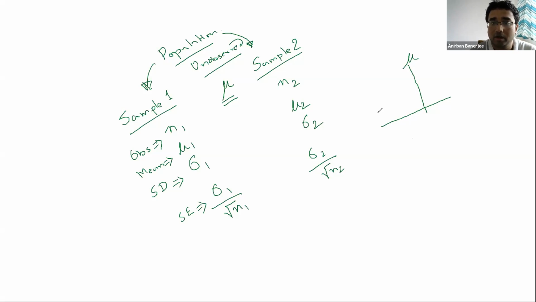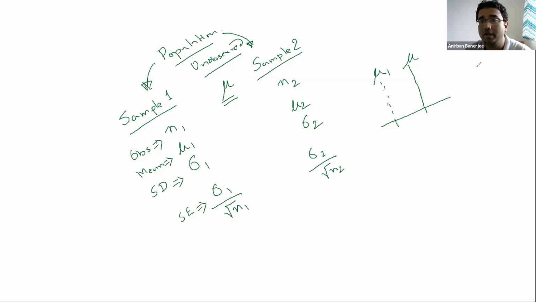Now, what happens here? The sample mean, let's say, is mu1. Based on the difference of these two, I want to set some sort of a boundary range, and I want to test statistically whether the sample mean is statistically equal to mu or not.